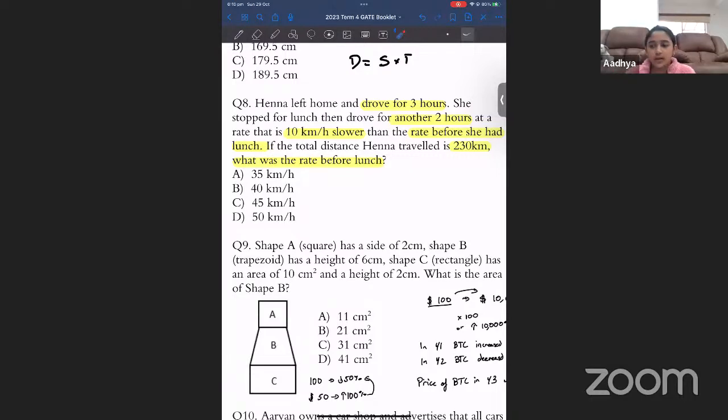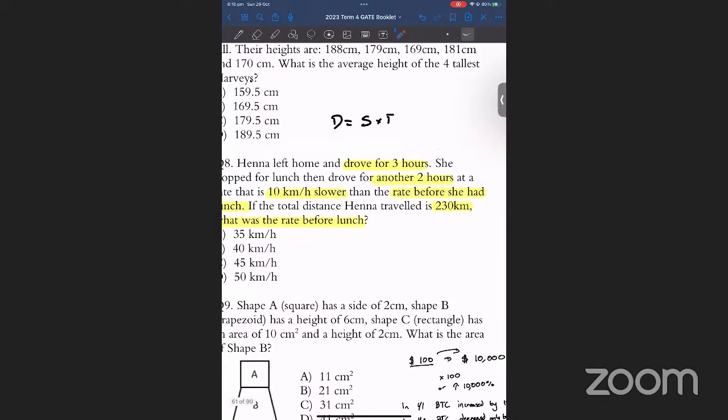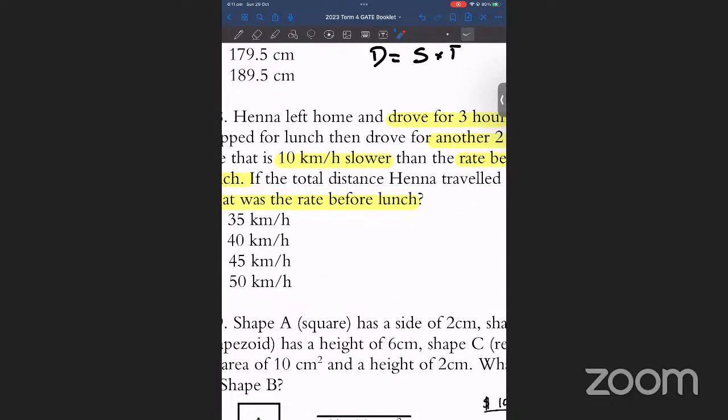Okay. The reason is, let's just take a look at the 50 kilometers per hour. What that's saying is that every hour it goes 50 kilometers, right? So if someone were to ask how far this person went in 2 hours, you know that it goes 50 kilometers every 1 hour, so every 2 hours it will be 100 kilometers.